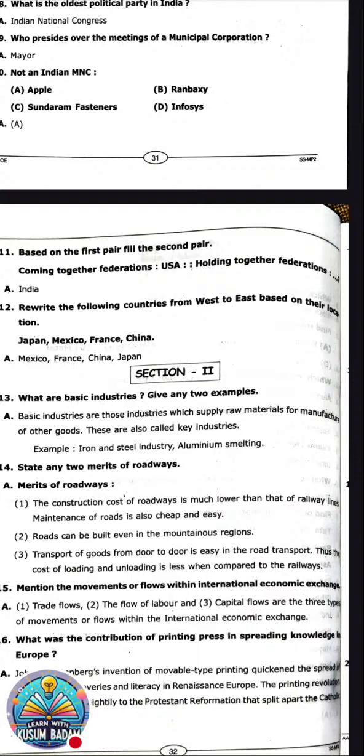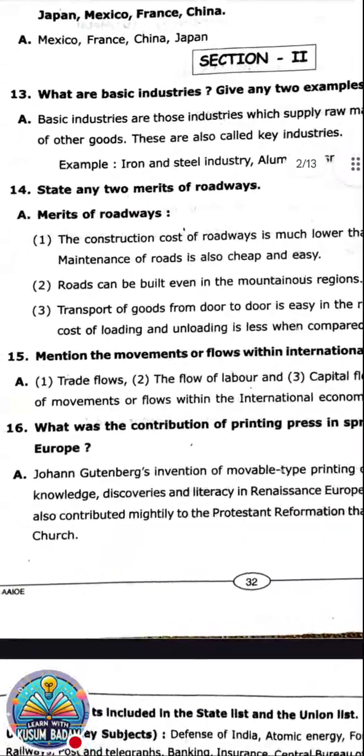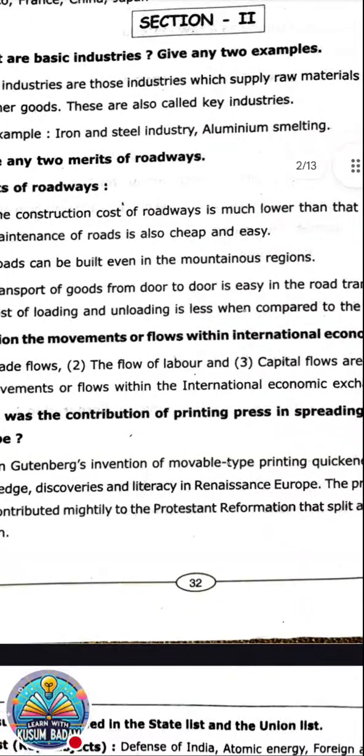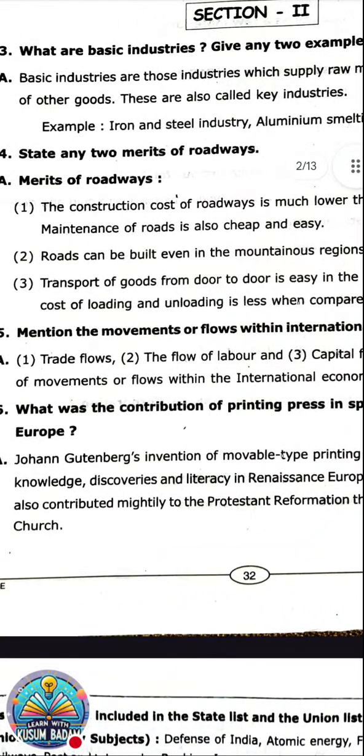Now the next question, mention the movements or flow within international economic exchange. So here the first one, trade flow. Second one, the flow of labor. Third one is capital flow.